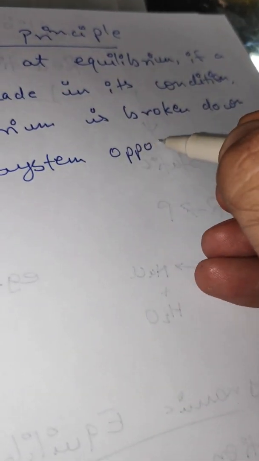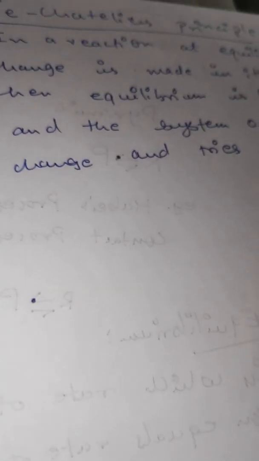The system opposes the change and tries to reset the equilibrium. What was the intention?